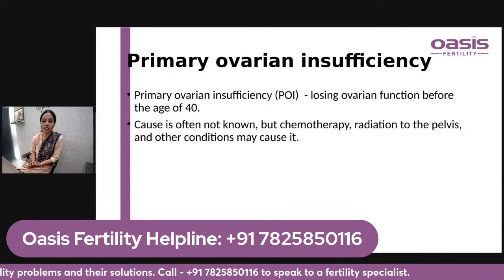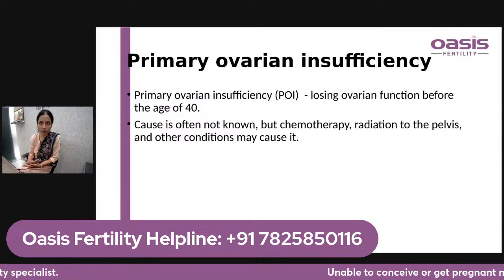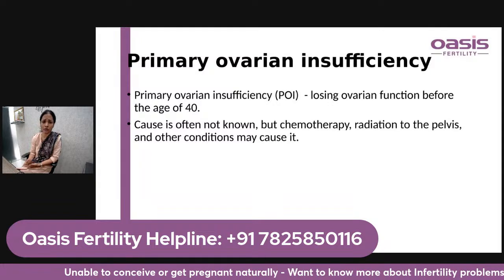So some of the causes for this premature ovarian insufficiency or having a lower AMH or lower egg count: usually there is not an identifiable cause. Sometimes it's because of problems that are not identifiable by routine testing.